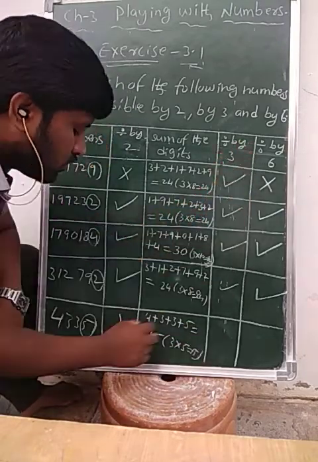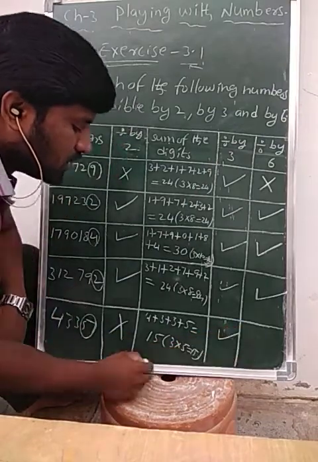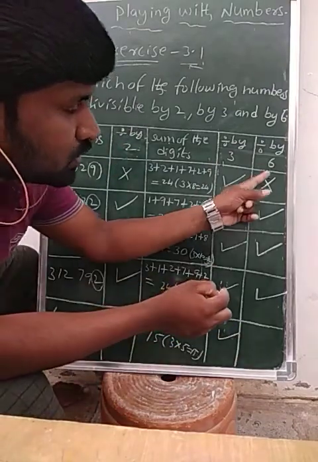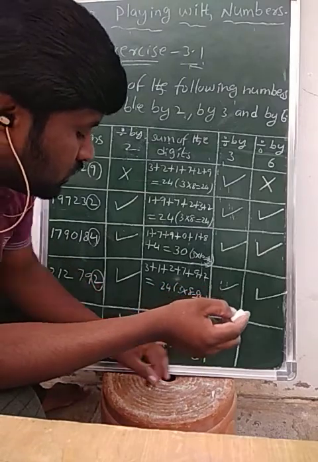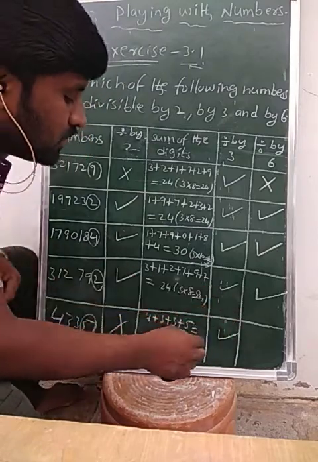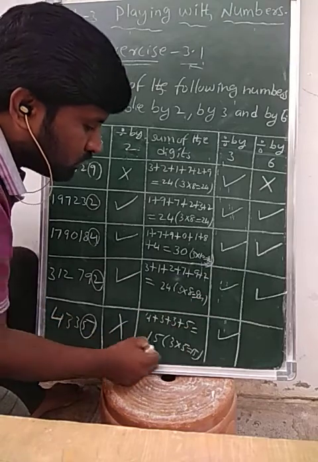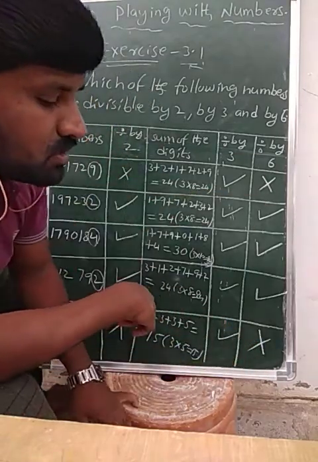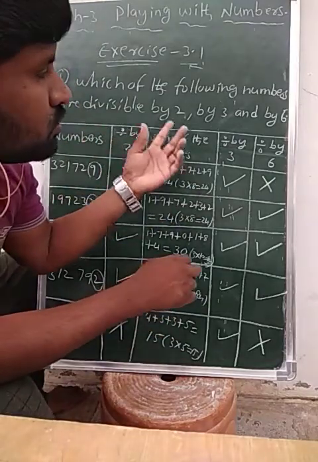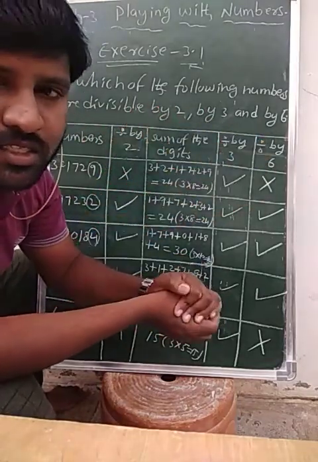Then the whole number is also divisible by 3, but it is not divisible by 6, because the rule requires divisibility by both 2 and 3. It is not divisible by 2, so automatically it is not divisible by 6.